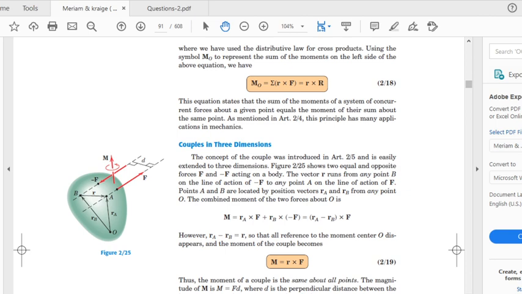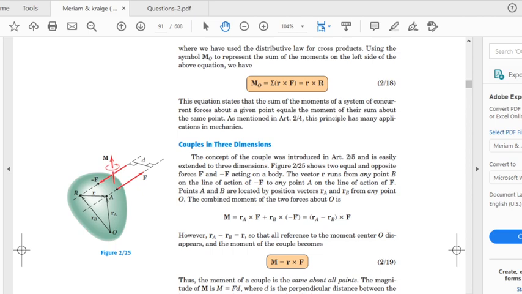So if you are taking r bar from B to A, then the force that you will take is going to be plus F. However, if you take the position vector directed from A to B, in that case the position vector is directed towards minus F, so the force that you will take for calculating the moment is going to be minus F.